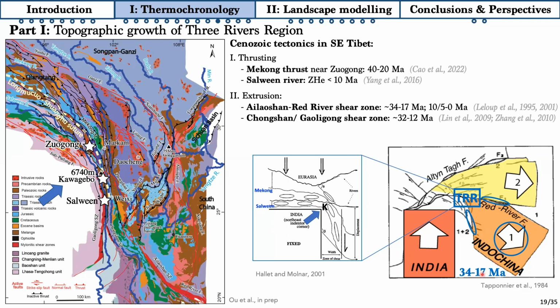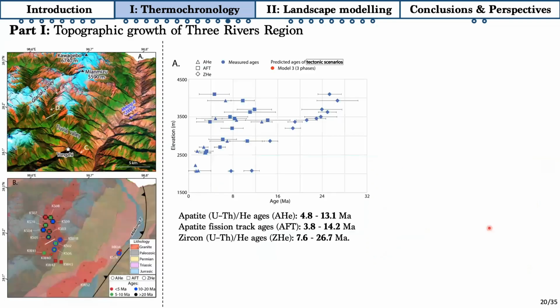And it all happened during the Oligocene. So our new data from the Kawagebo at high elevation in the middle could help us to enrich our understanding of the tectonic evolution of the whole Southeast Tibet.